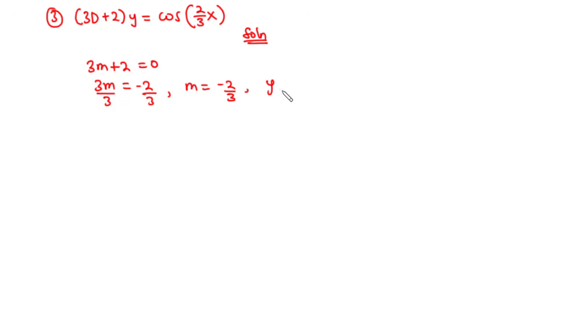Therefore, we have yc, the complementary function, equals c1 e to the power negative 2 over 3 x. Now let's try to find the particular integral.